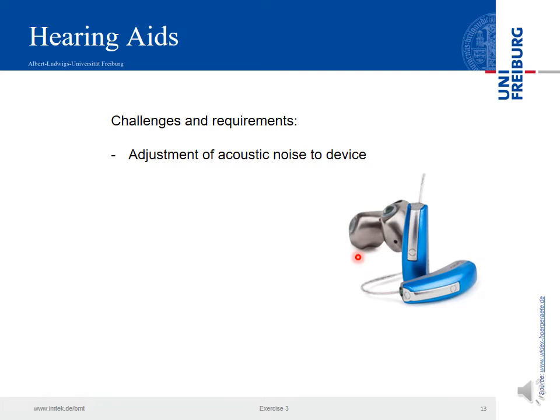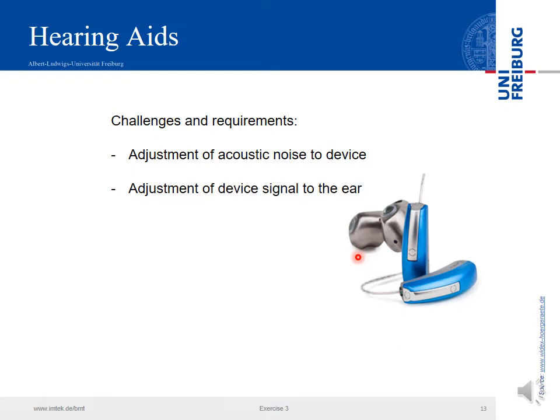First of all, you have to adjust the acoustic noise to the device, so bring the environmental noise into a range so that amplification of the desired sound level is projected to the residual hearing.